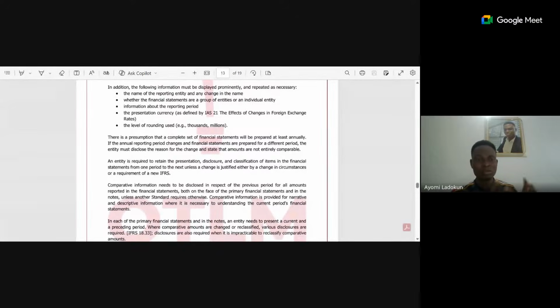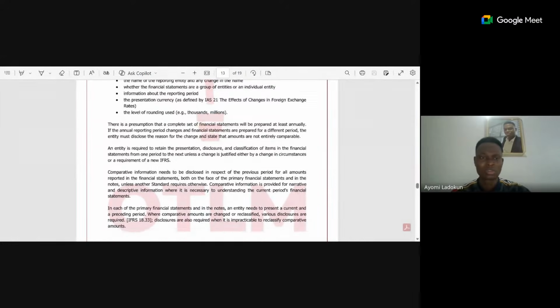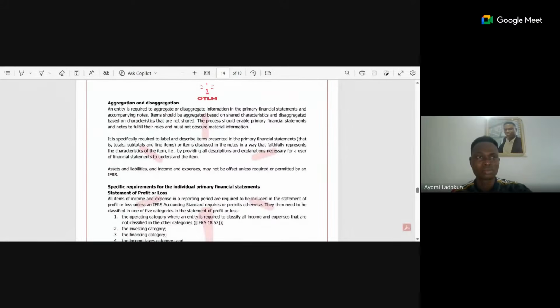But you should be able to differentiate between functional currency and presentation currency, right? Then you also have to disclose the level of rounding used, that is, whether in thousands or in millions, which you also see in normal financial statements. I don't want to bore you with most of those details. I'm just trying to highlight some key information you need to know.